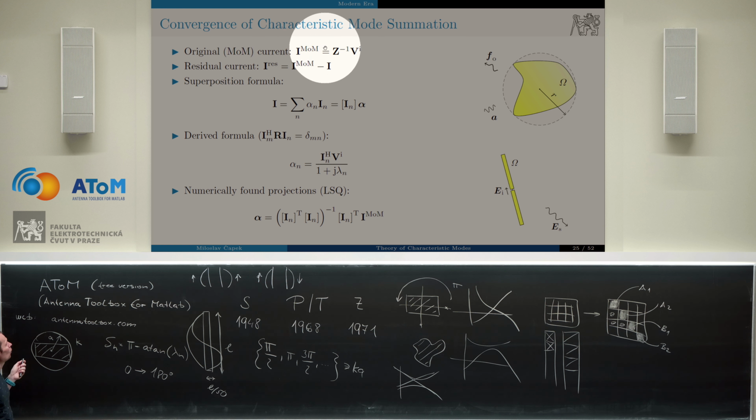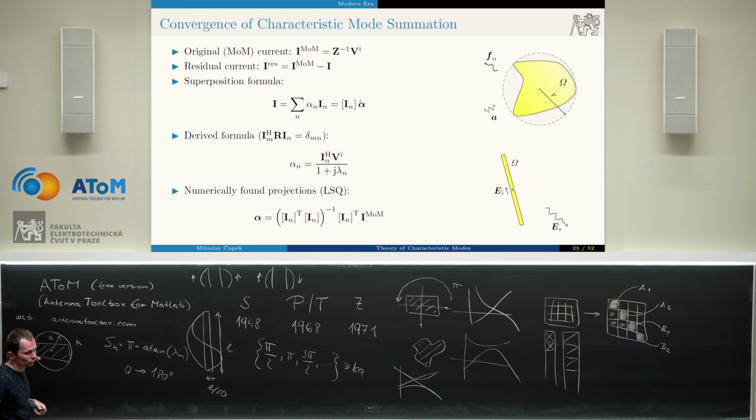So just inversion of the impedance matrix times our excitation. And evaluate a residual current, which is a residuum, which is a difference between the method of moments current and our current I, which we get if we sum up together all the characteristic modes like this. Or here you have a matrix formulation for that summation.